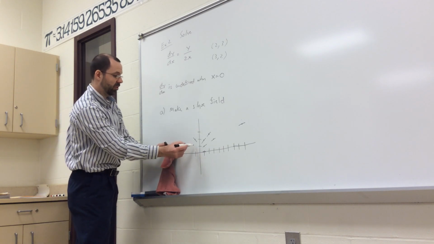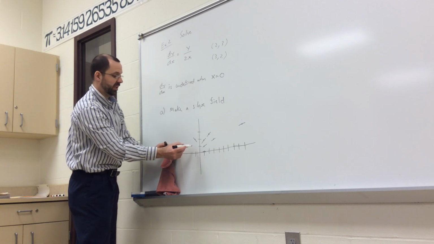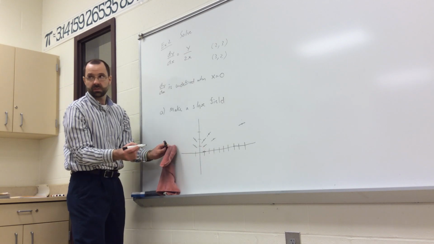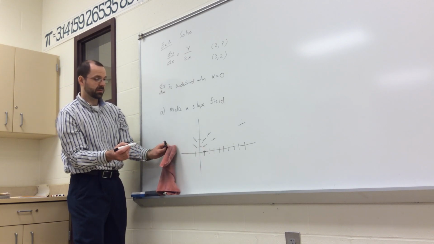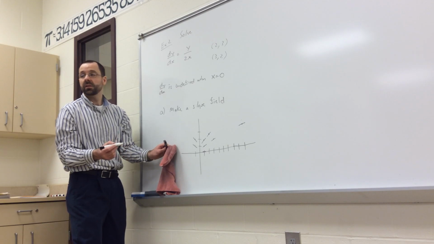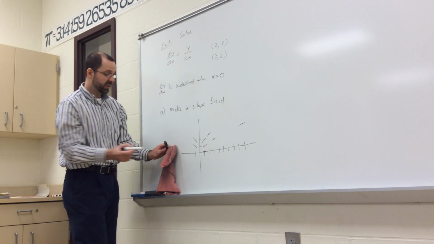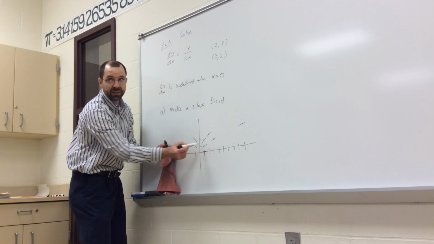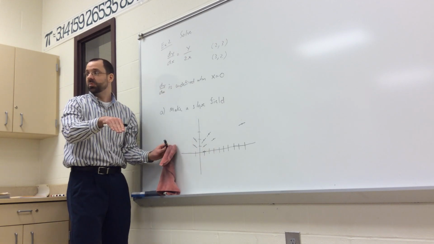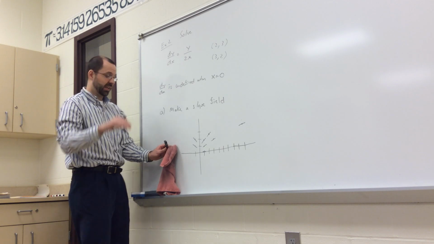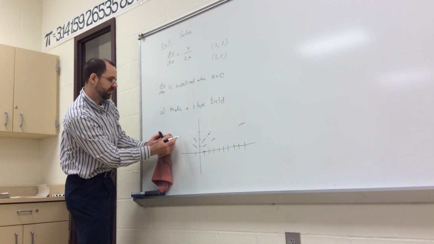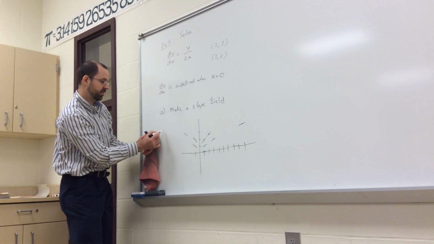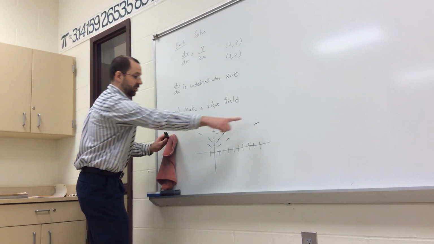And then (-1, 1) would be -1/2. So isn't this just mirroring this? And isn't this just mirroring that? It's just a negative slope, but the same slope, just in the negative direction. So if you don't mind, I'm going to just kind of mirror those.